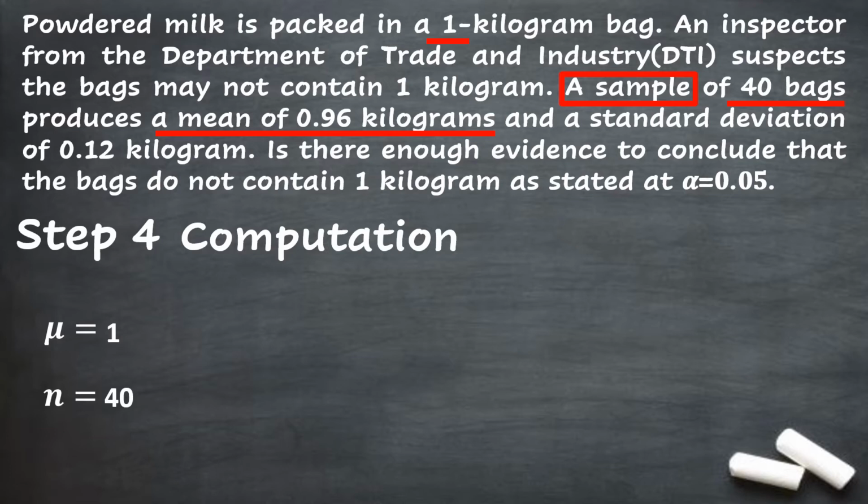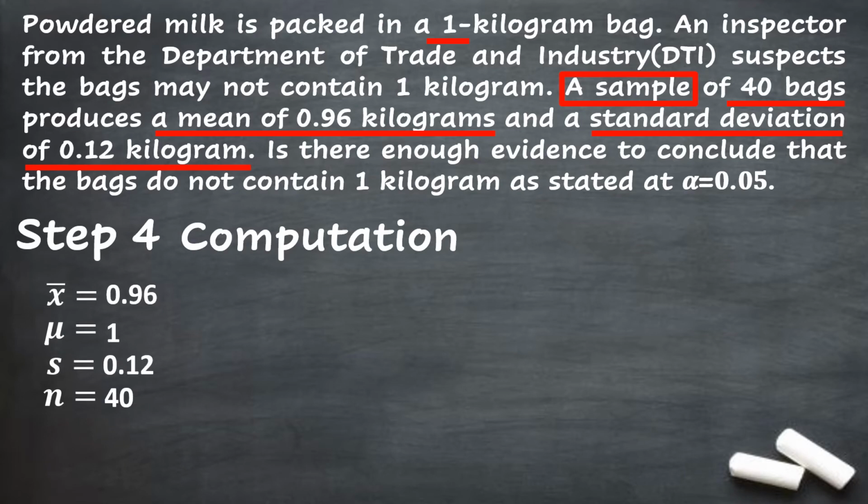Since this mean is still under the sentence where it explains the numerical values for the sample, this mean is the sample mean. So, our sample mean is 0.96. And a standard deviation of 0.12 kilograms. Since the standard deviation is still under the sentence where they explain the numerical values for the sample, the sample standard deviation is 0.12.